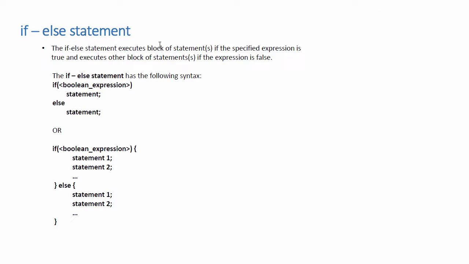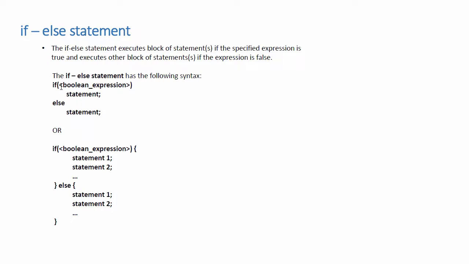The if else statement executes block of statements if the specified expression is true and executes other block of statement if a specified expression is false. The if else statement has the following syntax: if boolean expression, statement, else statement, or if boolean expression, curly bracket, multiple statements, curly bracket is closed, else, curly bracket is open, multiple statements, and curly bracket is closed.